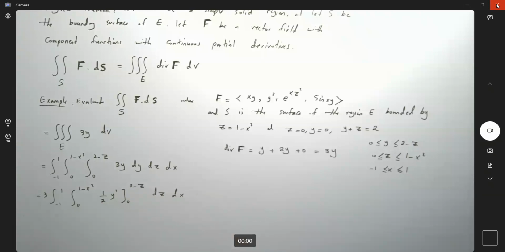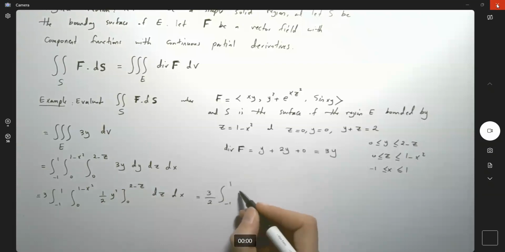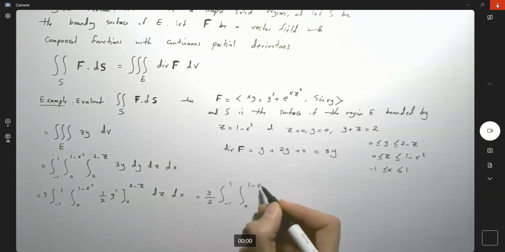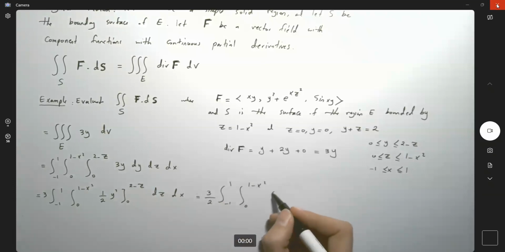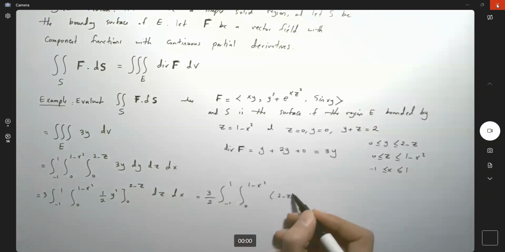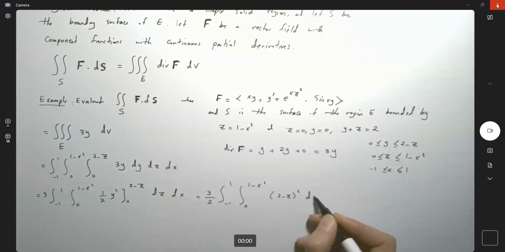and dx. So this becomes 3 halves, integral from negative 1 to 1, integral from 0 to 1 minus x squared, and if I plug that in, I get 2 minus z squared dz and then dx.